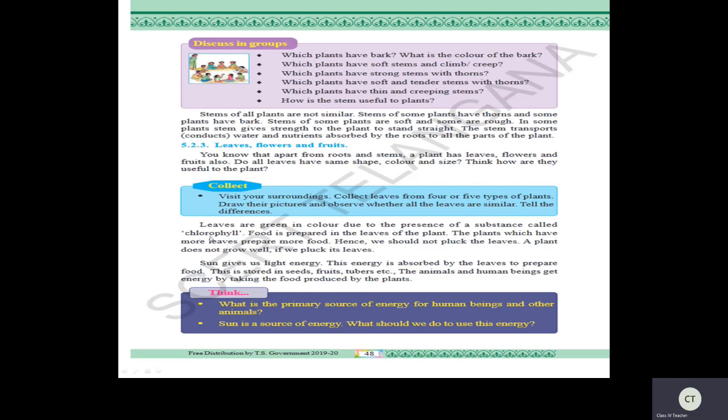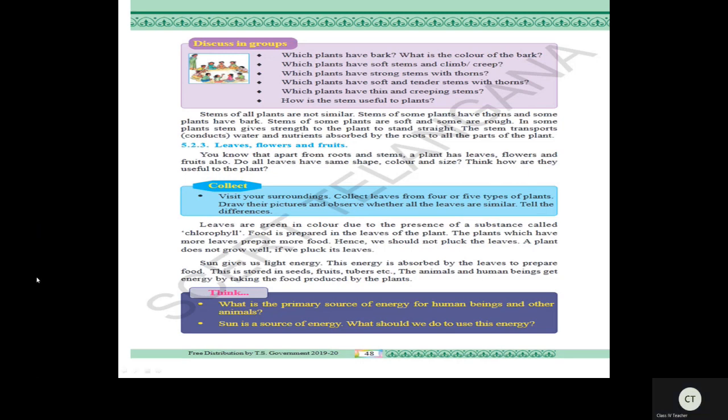Just repeat along with me: chlorophyll. Very good. Now, the second thing we have learned is that food is prepared in the leaves. Which part of the plant prepares the food? Good, it is the leaves.